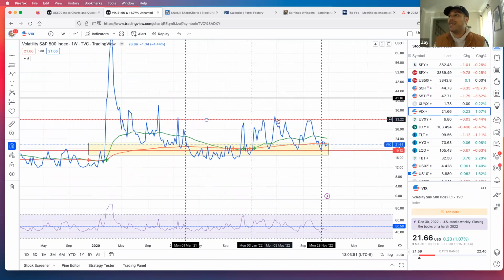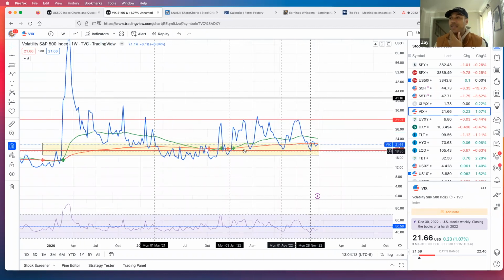When we are at these higher levels, say 32 and above, this is where you may want to start to take off your shorts, right? If you are short, take profit on your short. If you want to go long, this is an area where you may want to find your stocks and start building a position, because we're in high volatile times, and more than likely you can probably get some good prices.